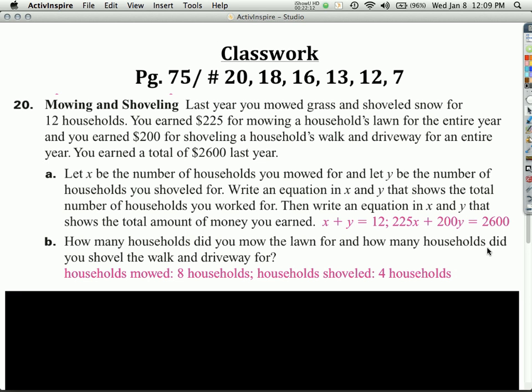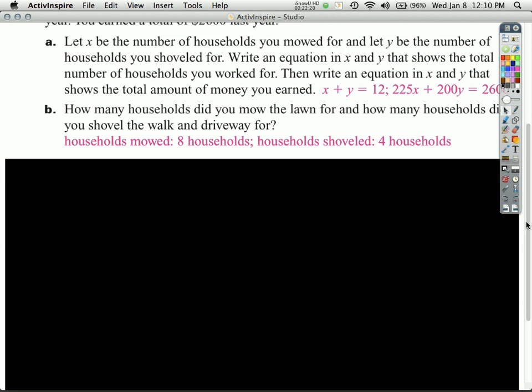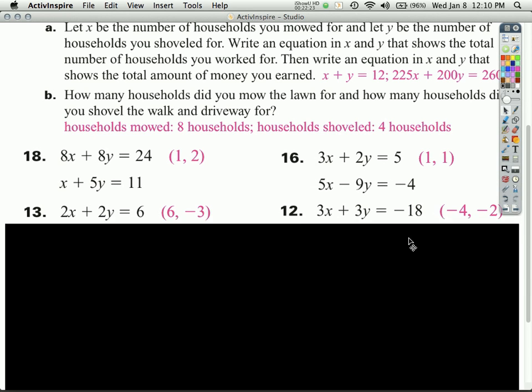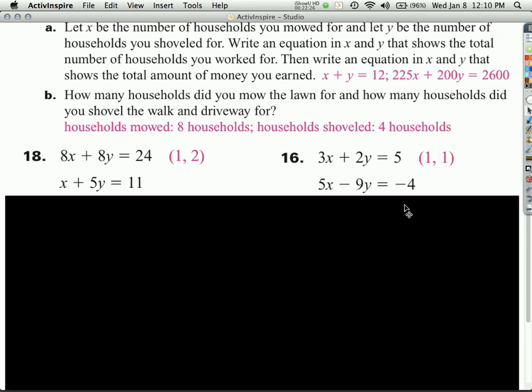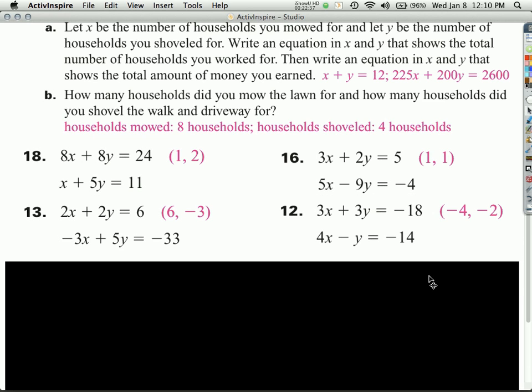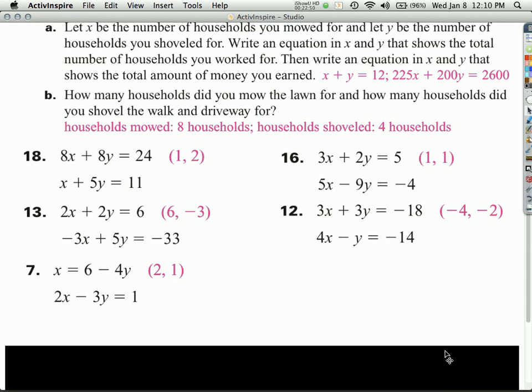When you solve that, you get 8 mode and 4 shovels. Number 18 and 16. 13, 12. And number 7.